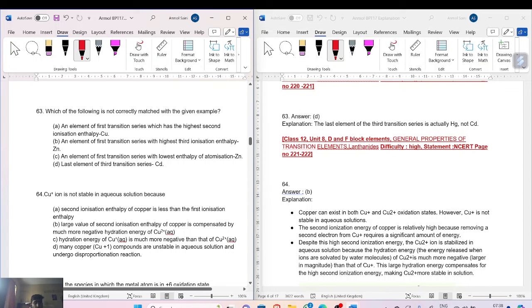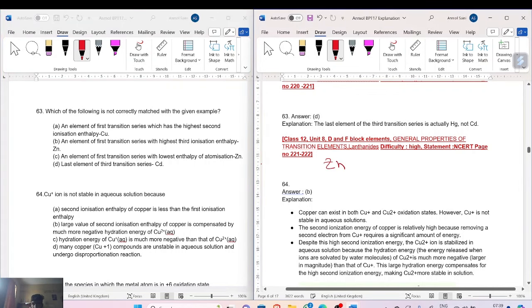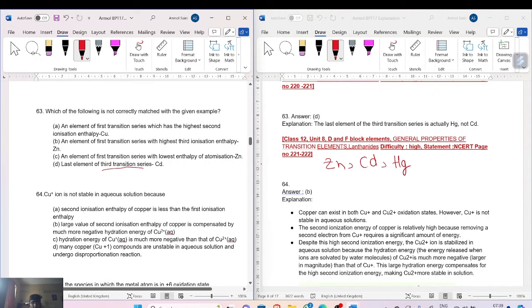And the last one, D, last element of the third transition series is cadmium. We know that the last elements of the transition series are zinc, then cadmium, and then mercury, Hg. So for the third transition series, it should be mercury. We have to find the incorrect option, so D is directly our incorrect one. But let's check the other options as well.